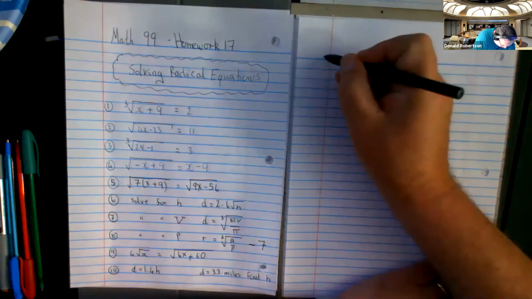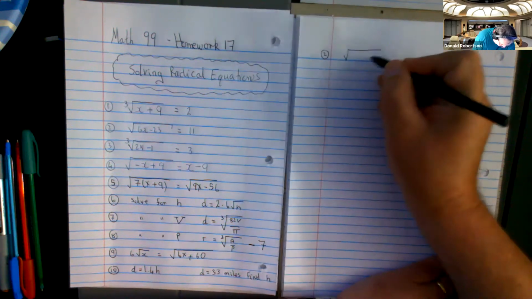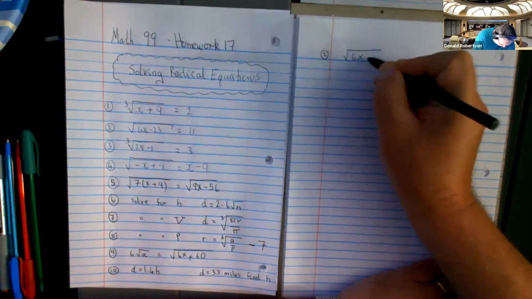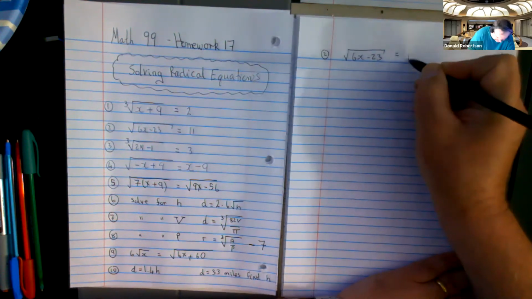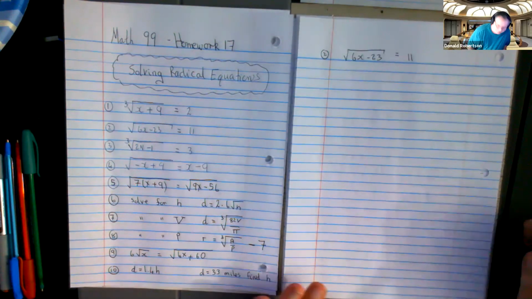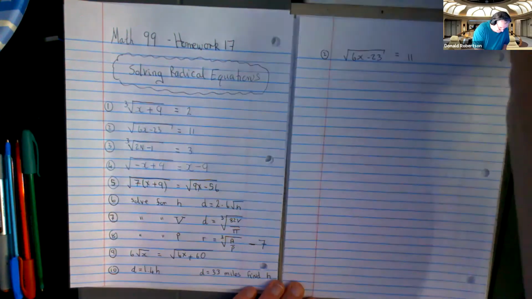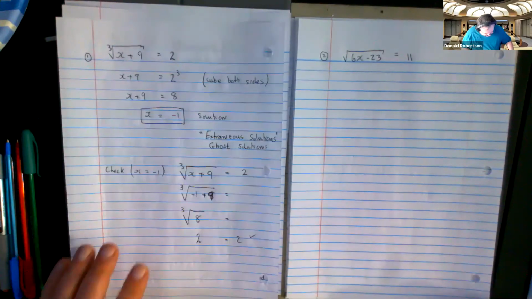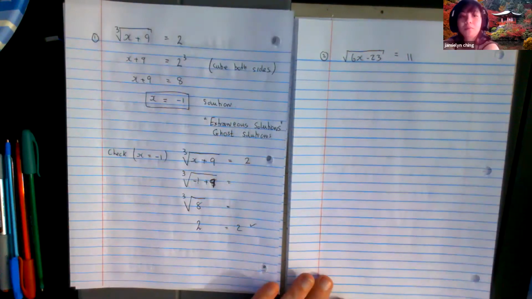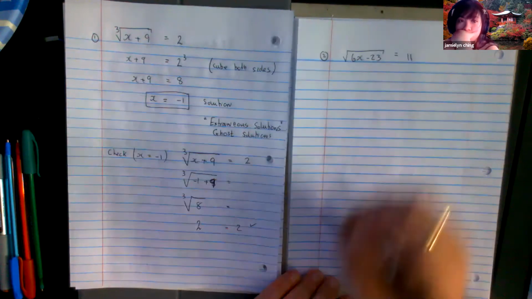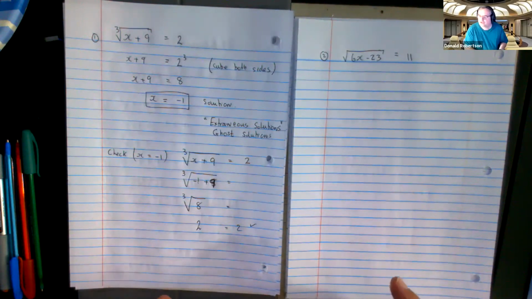Question 2 now. The square root of 6x take away 23 should equal 11, right? What do you think I'm going to do to both sides now? Using this as a guide. Square root. Oh, it is a square root. So how do you get rid of a square root? You do the opposite of it. So you square it.